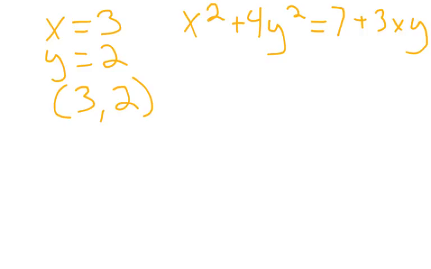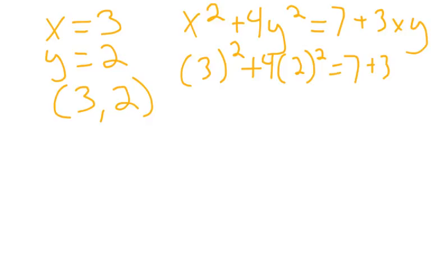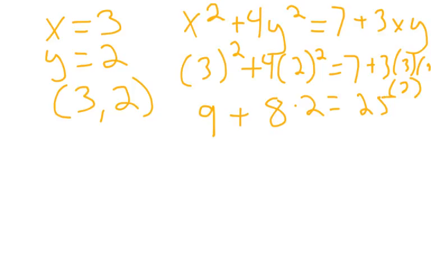So we plug in: 3 squared plus 4 times 2 squared equals 7 plus 3 times 3 times 2. So it would be 9 plus 16, which is 25 on this side, and 7 plus 18 is 25 on the other side.